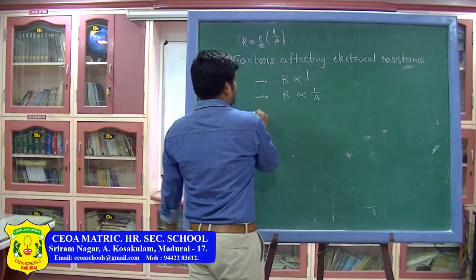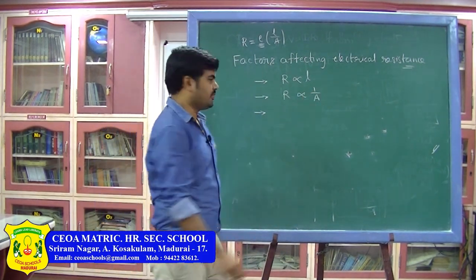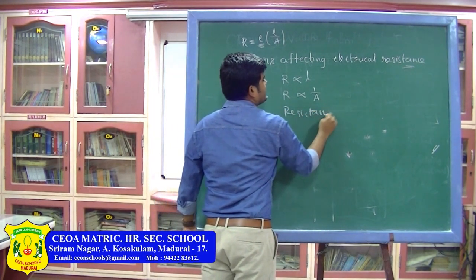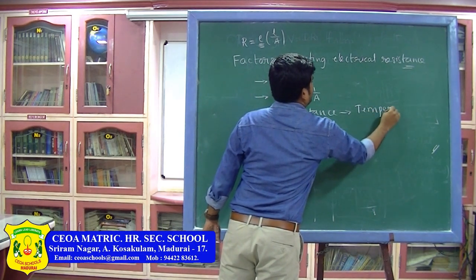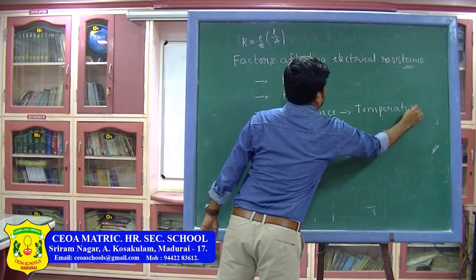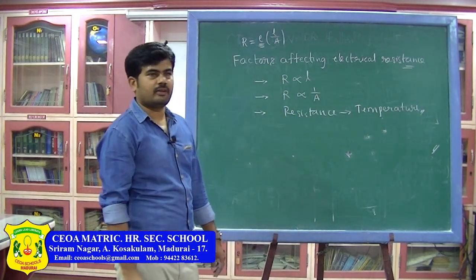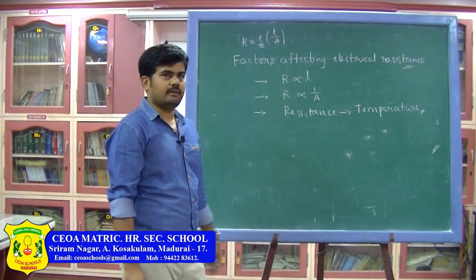The next factor is that resistance depends on the temperature of the material. Later we will discuss in detail how electrical resistance depends on temperature and what the temperature coefficient of resistance is.